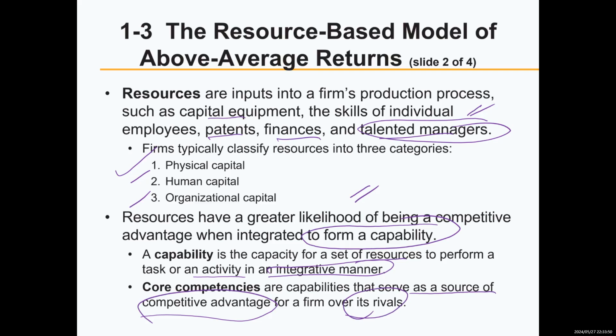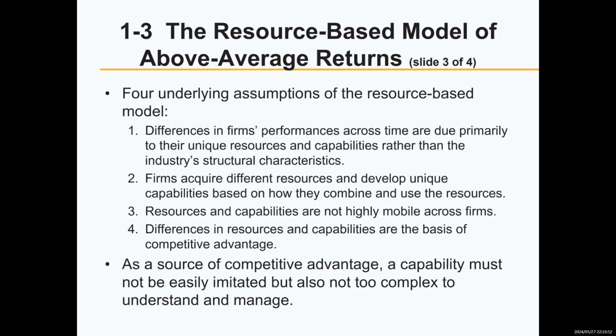Our next slide is based on the assumptions of the resource-based model, and there are four assumptions of this model. Number one is that differences in firms' performance across time are due primarily to unique resources and capabilities rather than structural characteristics of the industry.